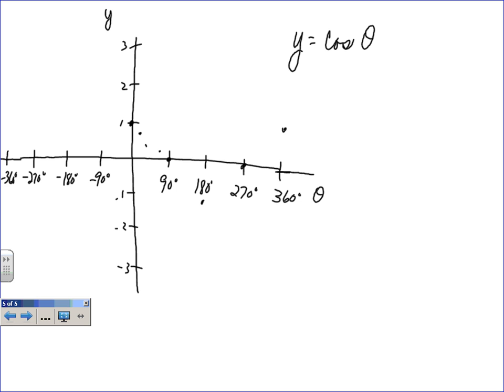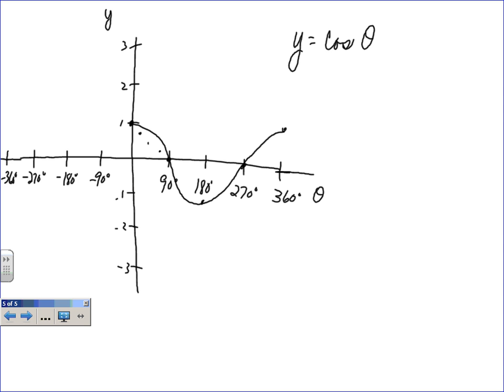Well, if you start graphing all of these points and you connect them, it's going to be a smooth curve. So it's going to go like this, and down, and up to 1. And then what do you think is going to happen after 360? It's going to start again.